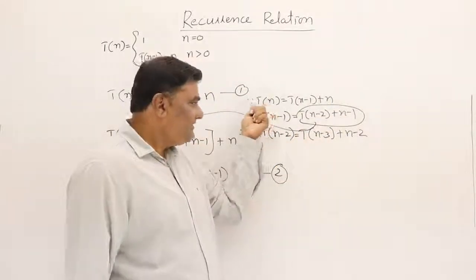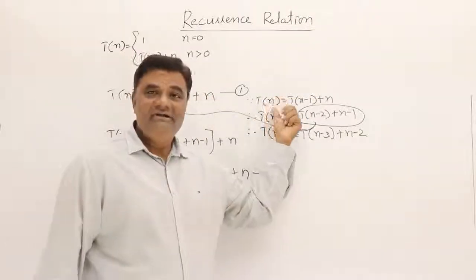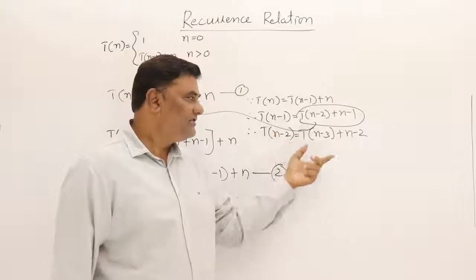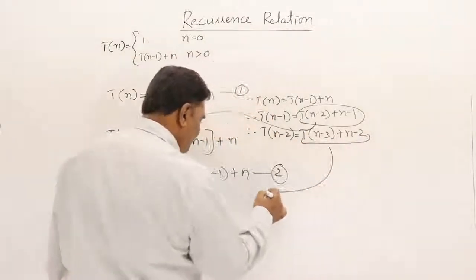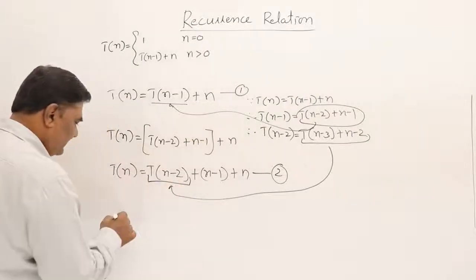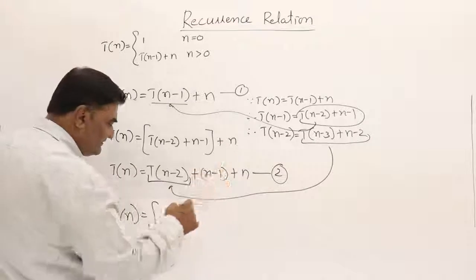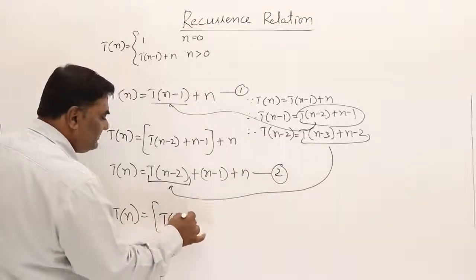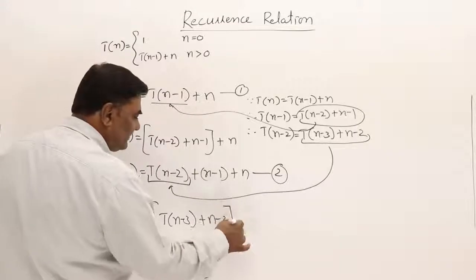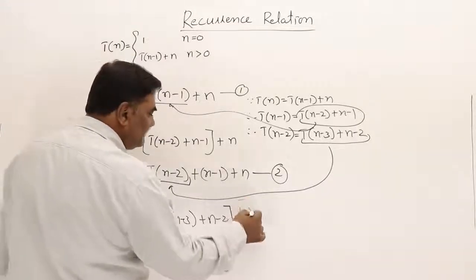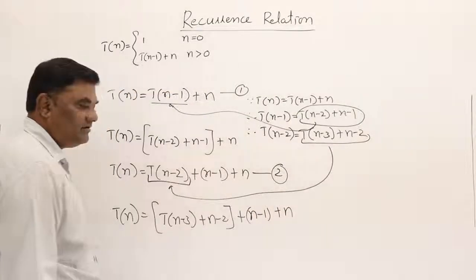So in this equation only, the first one, I have just kept n minus 1 in place of n. So I got this one. So this part, I will substitute it here. So what I get, Tn is equal to, in brackets, Tn minus 3 plus n minus 2, plus outside n minus 1 plus n.